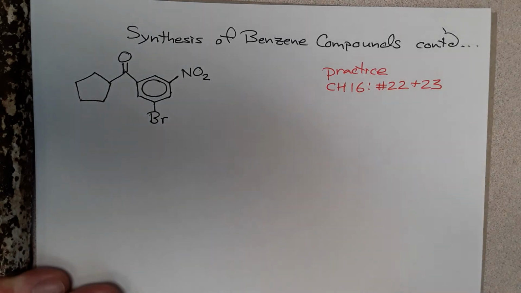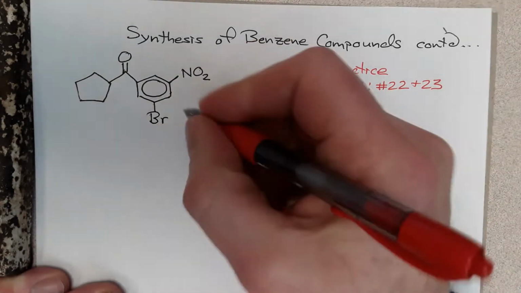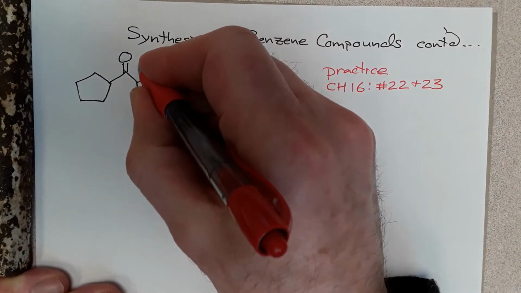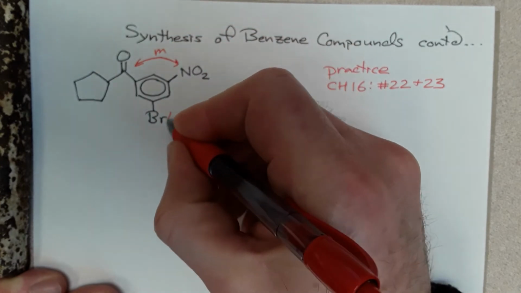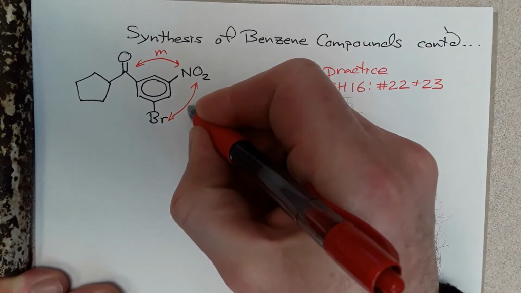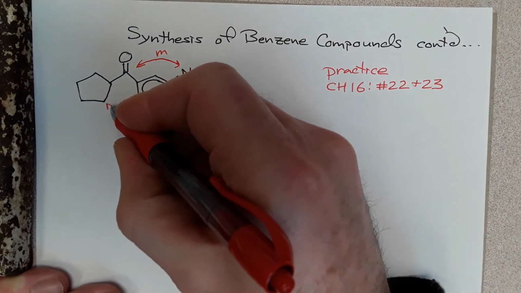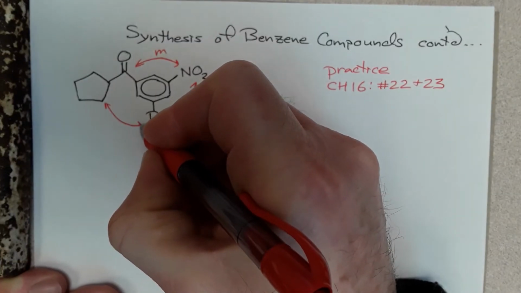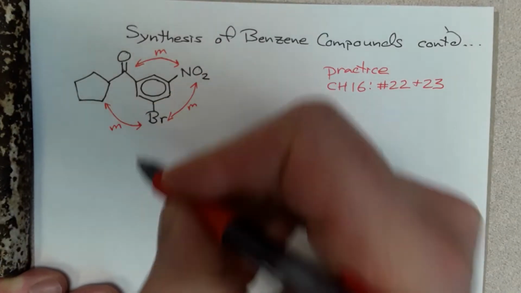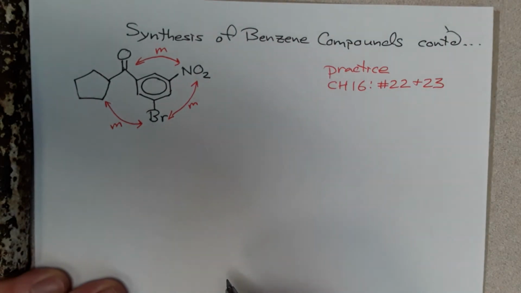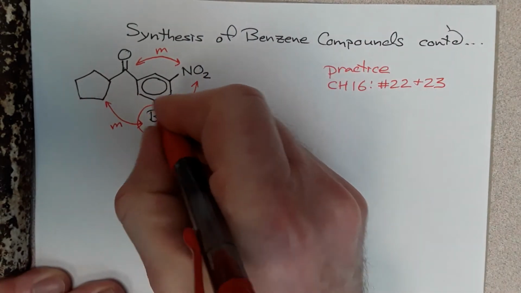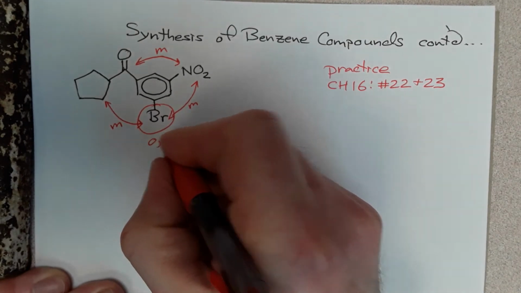Okay, so what you're seeing right away is that we have three groups and they are all in meta relationships to each other. And so if you're going to do some sort of efficient synthesis, then you had better be adding meta directors first. So here is an ortho-para director.